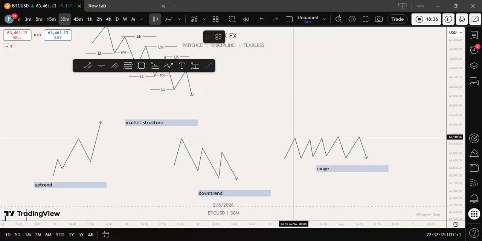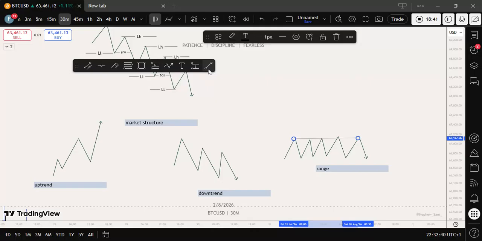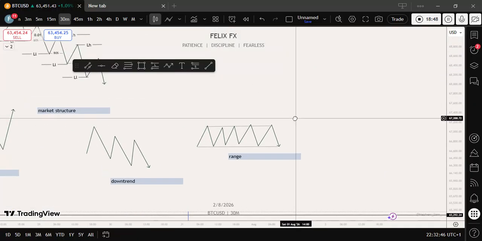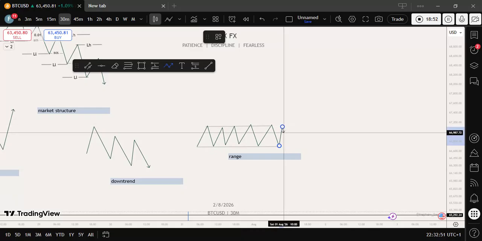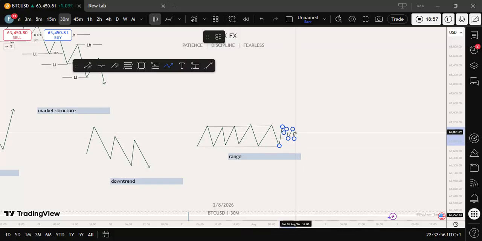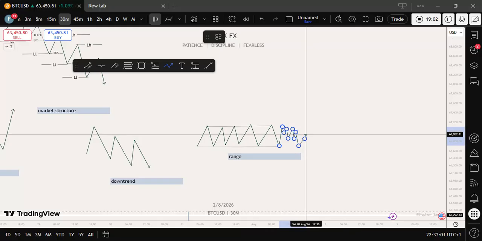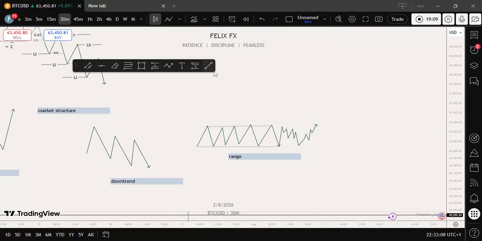When the market keeps respecting this zone and this zone too, it is not making any move, just going up and down. Some people do trade it. In a lower time frame you see entries, but I would advise you not to trade it.